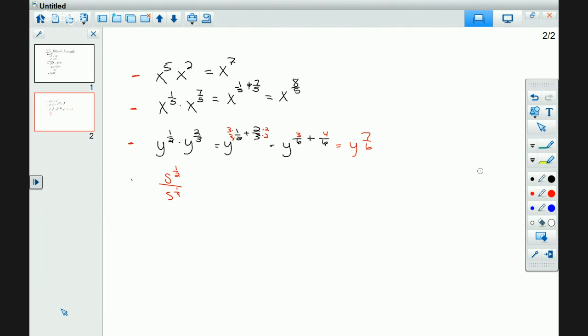You multiplied and added, what is dividing? Subtract, yeah. And we have to have a common denominator, right? So I change the 1/2 to 3/4. Subtract. Bam.